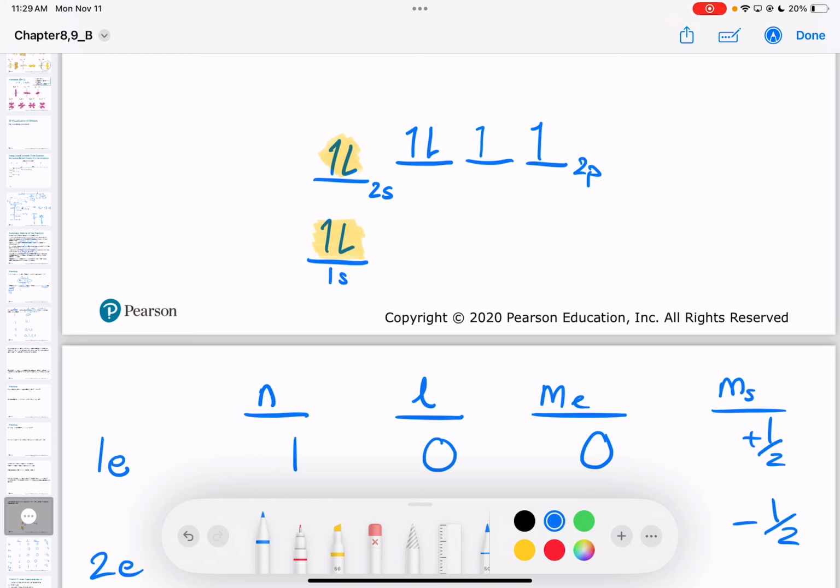Now, by have to, I mean they want to pair up in 2s rather than going up in energy to the 2p, but they aren't going to pair up in the 2p until there's not another 2p. Like you will not see this. This would not be the lowest energy state. Because you have another orbital of that same energy, it's not going to pair up if it doesn't have to. So this is what oxygen would look like.